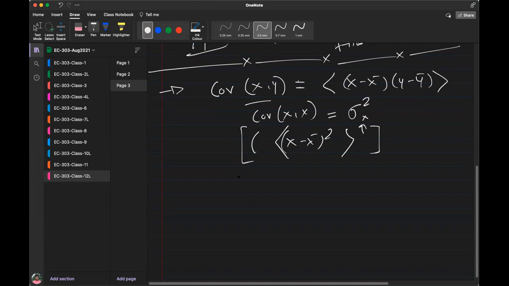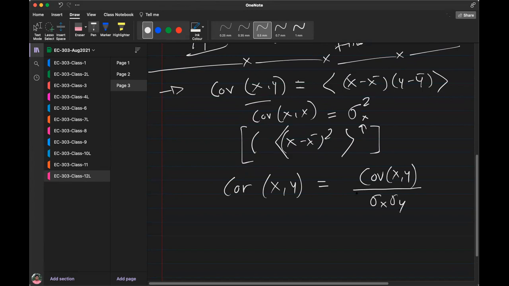Now another point to keep in mind, which I have told you: if I want the covariance between two variables, then I can find a covariance or a correlation between them. If we now divide by sigma x, sigma y, I'll get the correlation. So basically what these two tell me is that if I calculate covariance, I can get the variance, and I can also get the correlation.